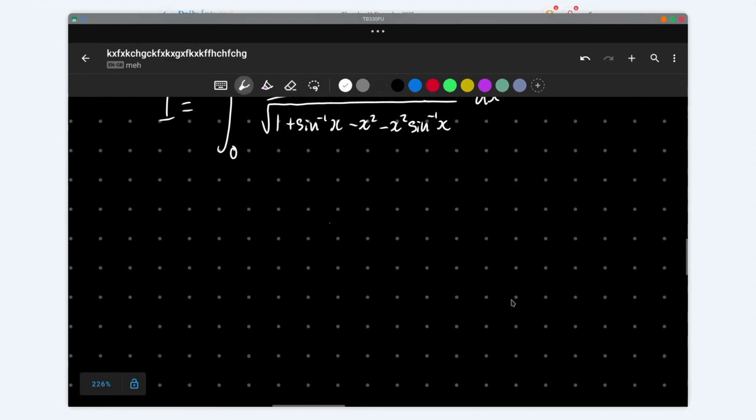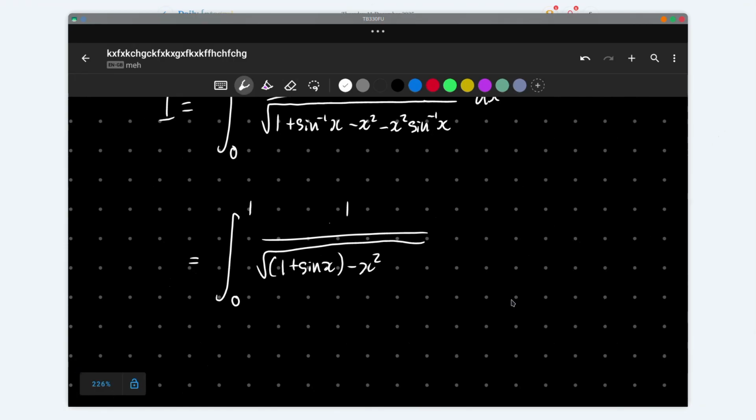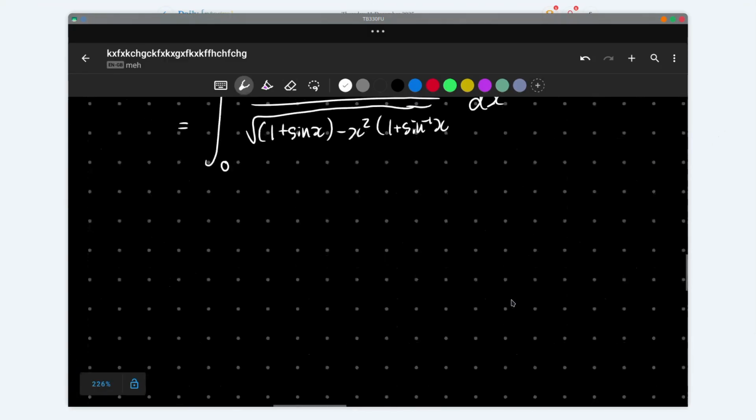That's the integral. That's equal to the integral from 0 to 1 of 1 over square root of 1 plus arcsine x minus x squared, times 1 plus arcsine x, dx.